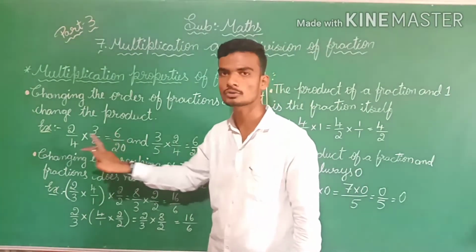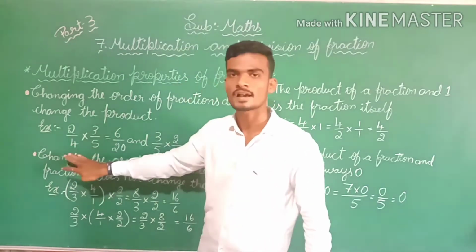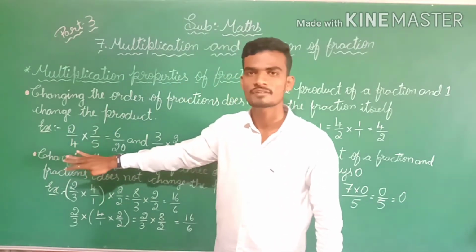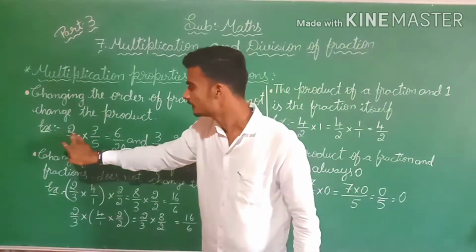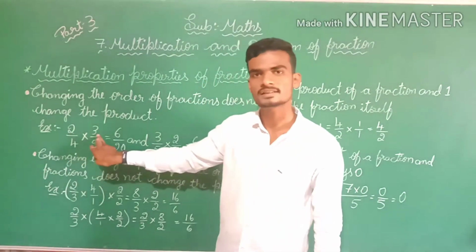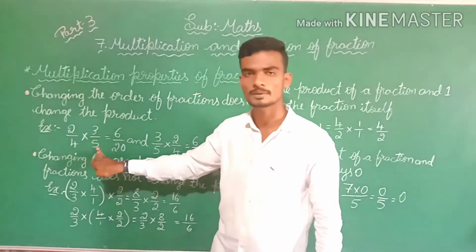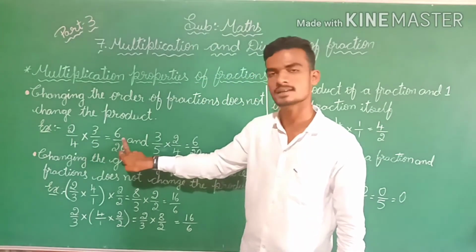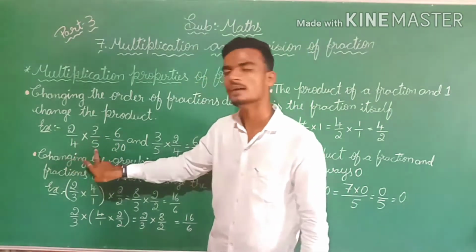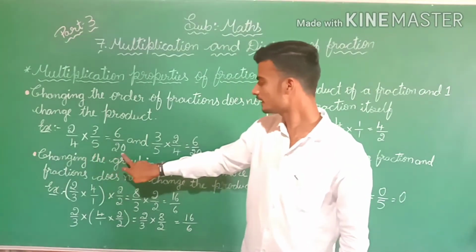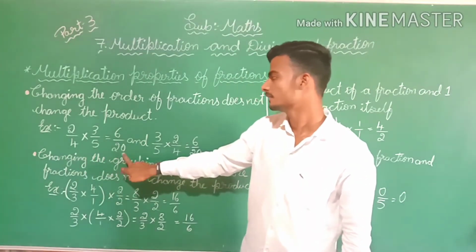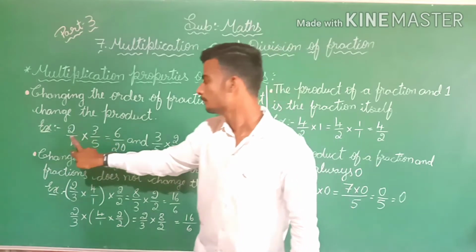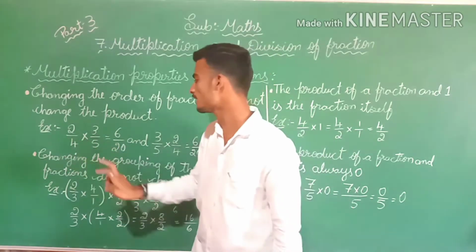You know how to multiply these fractions: multiply the numerator with the numerator and the denominator with the denominator. 2 threes are 6, then 4 fives are 20. This is the product we got by multiplying these two fractions.